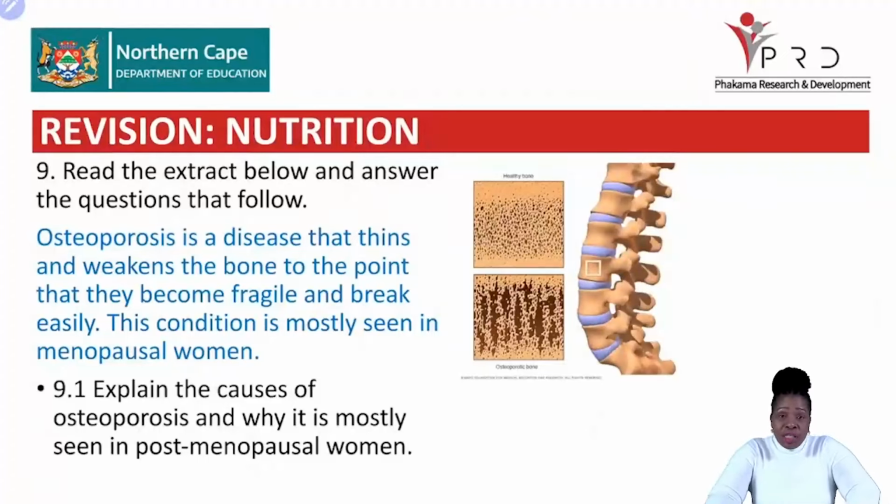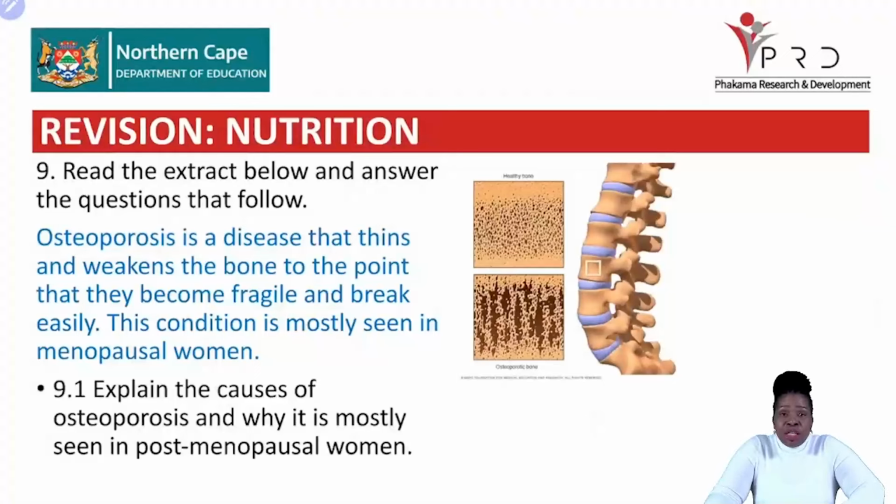to nutrition. Now we go on to nutrition. That's our number 9. Read the extract below and answer the questions that follow. Right. I'll read the extract. Learners, it says osteoporosis is a disease that thins and weakens the bones to the point that they become fragile and break easily.